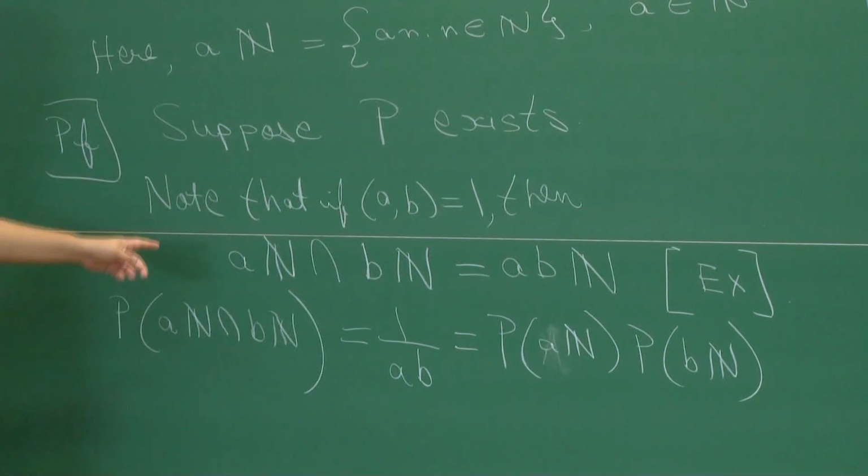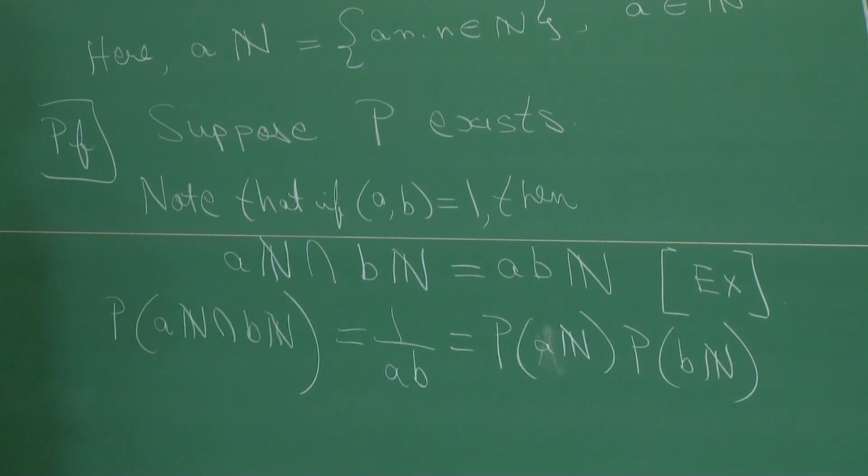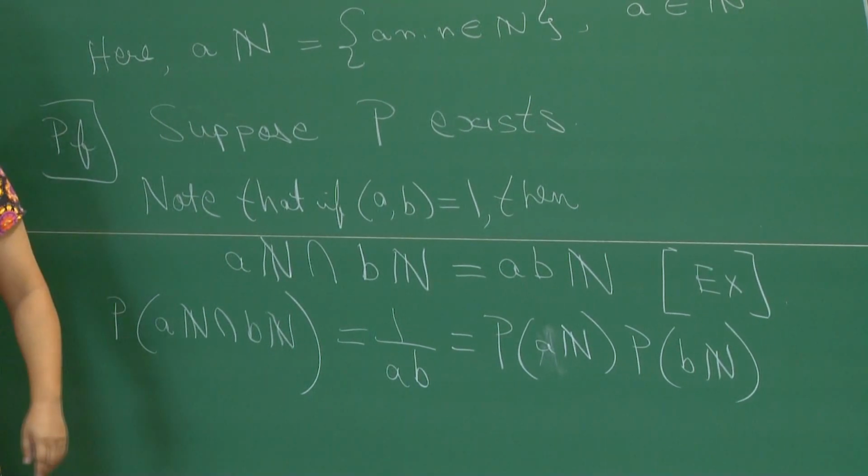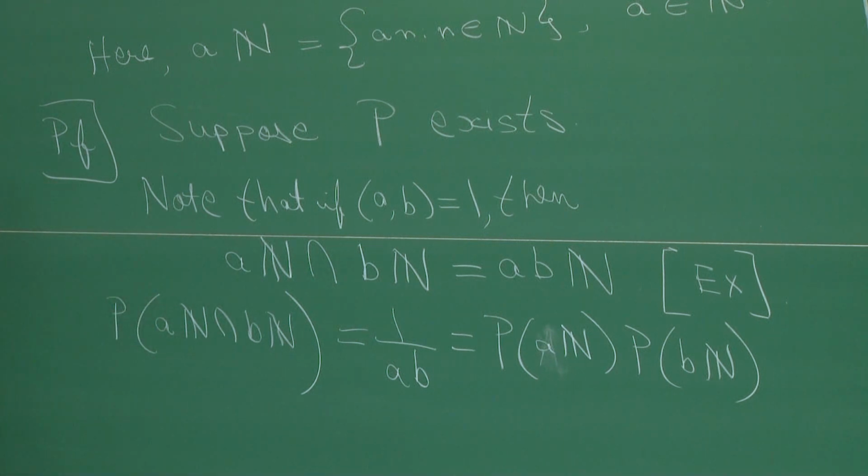And therefore, what this tells you is that when a and b are co-prime positive integers, then aN and bN are independent events.